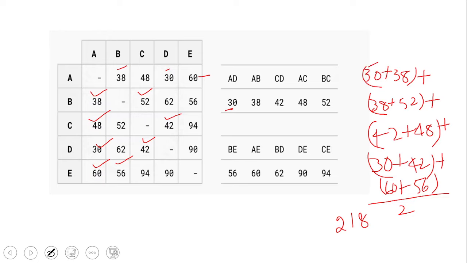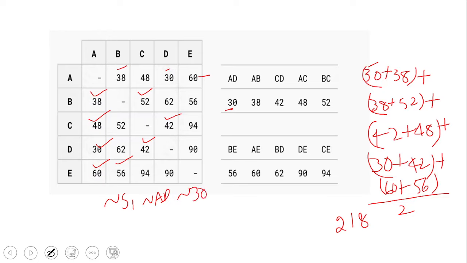So instead of 30, you have to see the next two minimums, which are 38 plus 48. Whenever you are calculating not S1, that is not AD, don't consider 30.